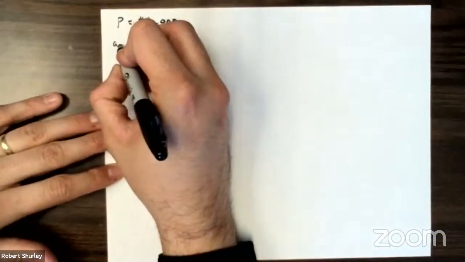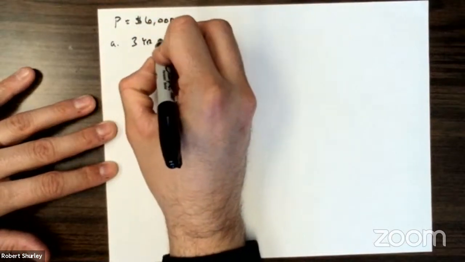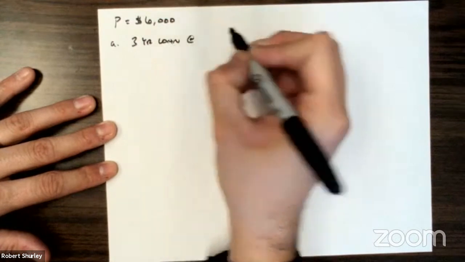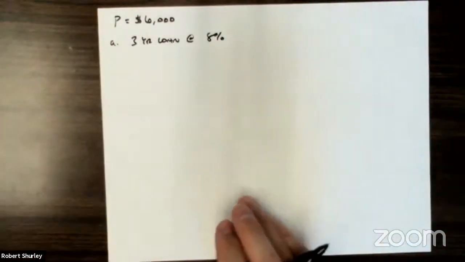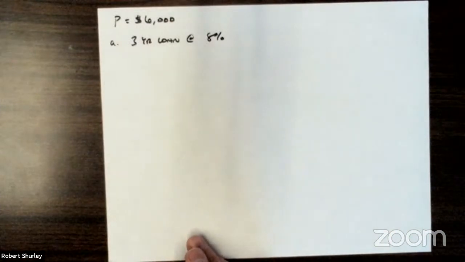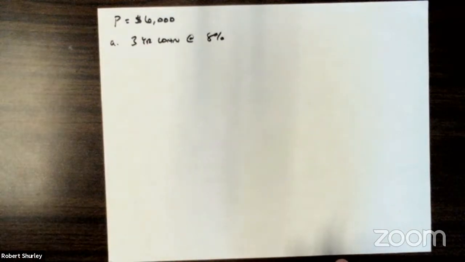Okay, so let's start with that first one. We've got a 3-year loan at 8%, and we want to know what the payment's going to be, how much we're going to spend over the life of the loan on interest, and things like that.